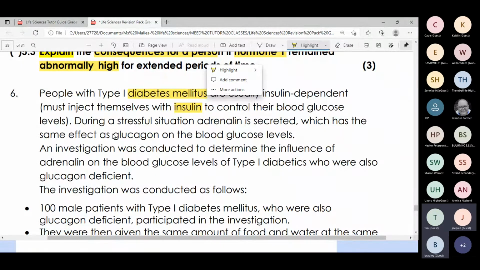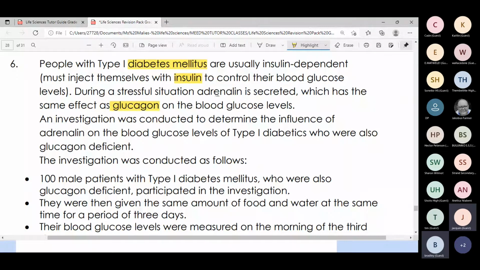Highlight glucagon. Remember, adrenaline has the same effect as glucagon. So now we have to think, what is the job of glucagon? Glucagon increases the glucose levels.